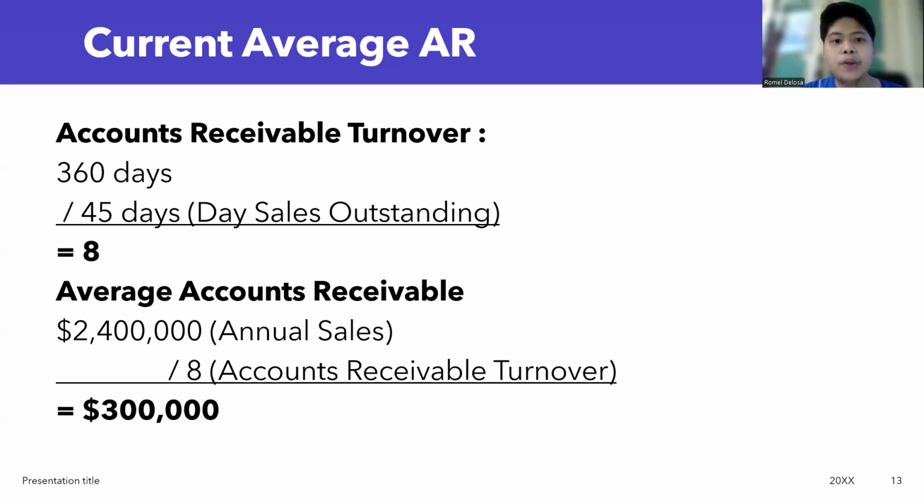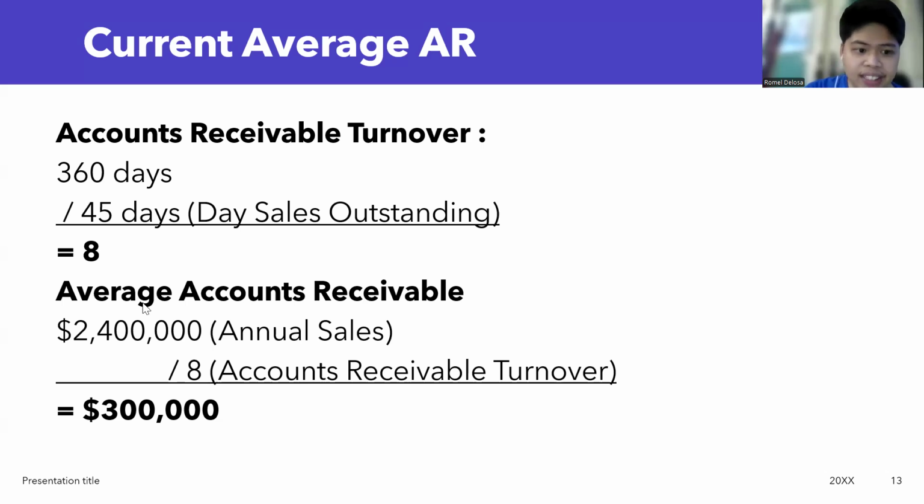Tapos yung 8, yun ang gagamitin natin to compute for the average AR. Kasi, take note, alam natin yung annual sales, alam natin yung AR turnover, ang hindi lang natin alam is yung average AR, which is supposed to be the denominator in computing for accounts receivable turnover.